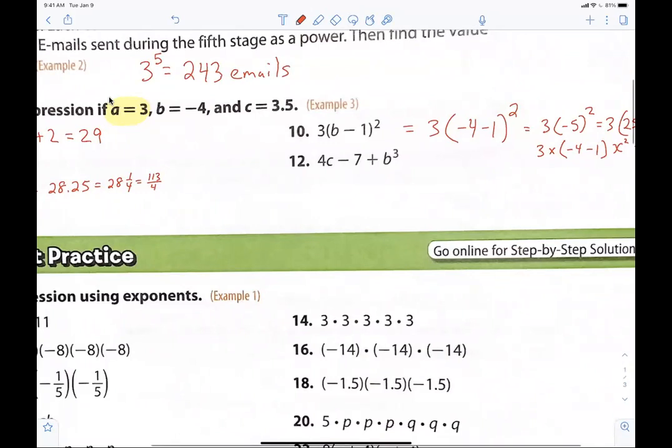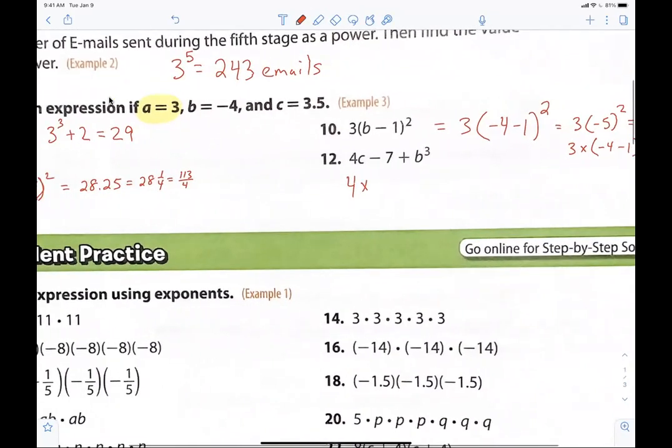What am I doing? 4 times what? Well, can I just tell you the answer? No, I don't want just the answer. You got to write down on your paper 4 times what's C. 3.5. Good. Then you get 14, I think. No, -7 plus what's B? 4 to the third power.